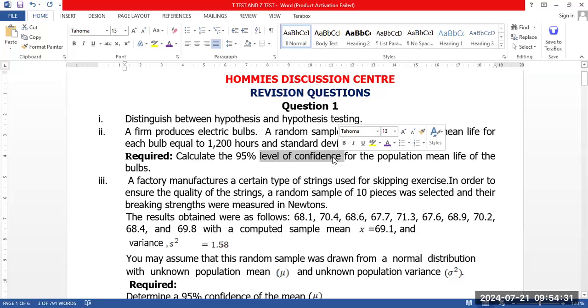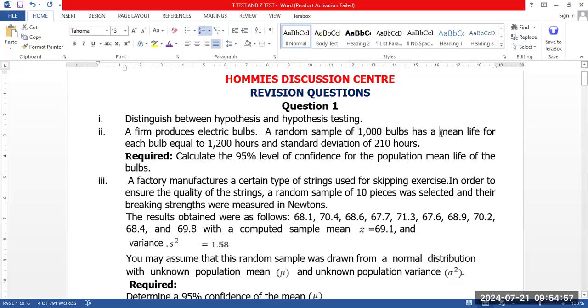As we answer our questions, we focus on level of significance. So note what you're given from this question. We are given a sample size, 1,000 bulbs.